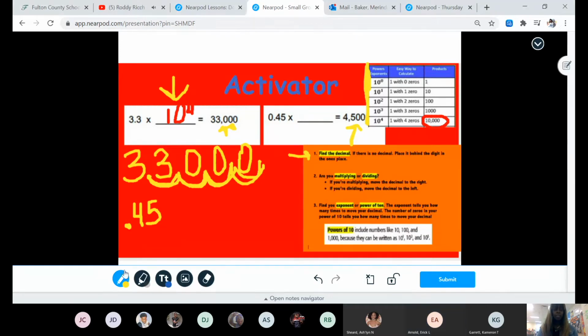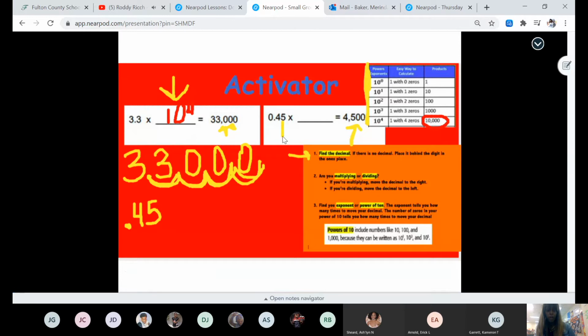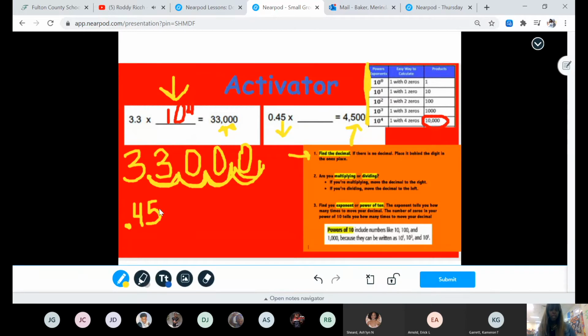So now everybody, make sure you're viewing my screen. So everybody, we started off with 4,500. So we brought this 4,500s down, and then we know that we're not finished moving until we have 4,500s. So look, some of y'all have miscounted. So I saw you might have put 10 to the second power or 10 to the third power. Let's look.